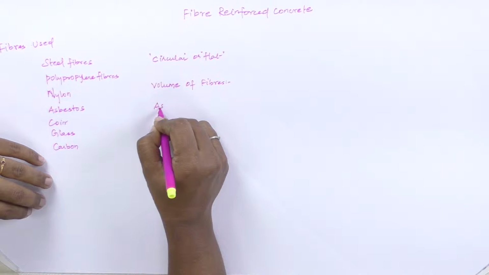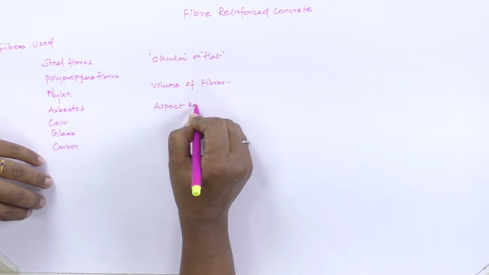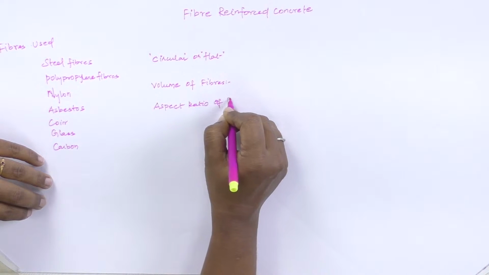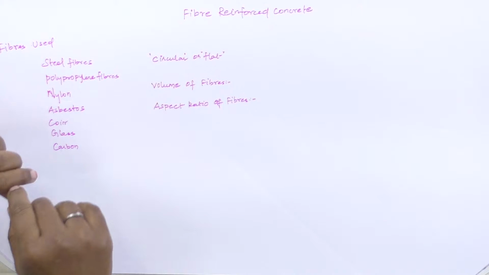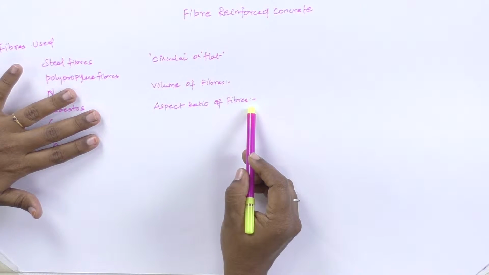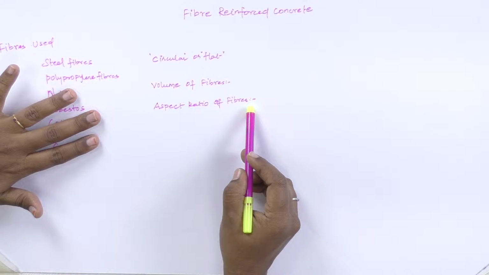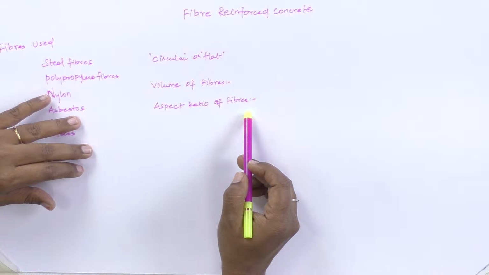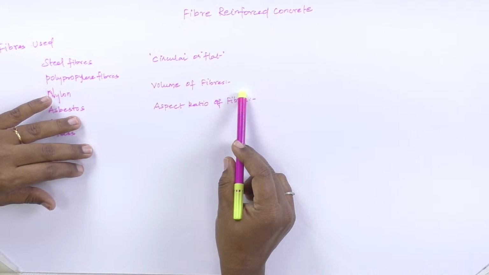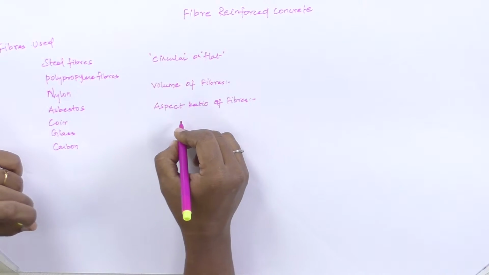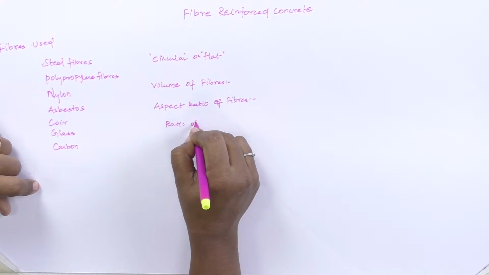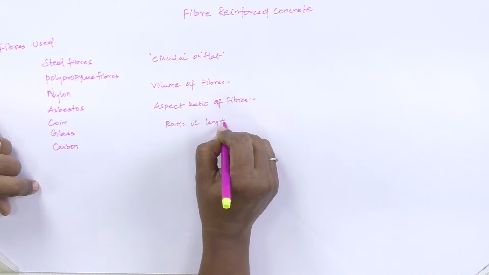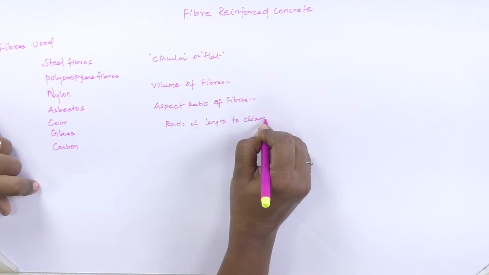Then the aspect ratio of fibers. This aspect ratio is another important property which influences the properties of fiber reinforced concrete.